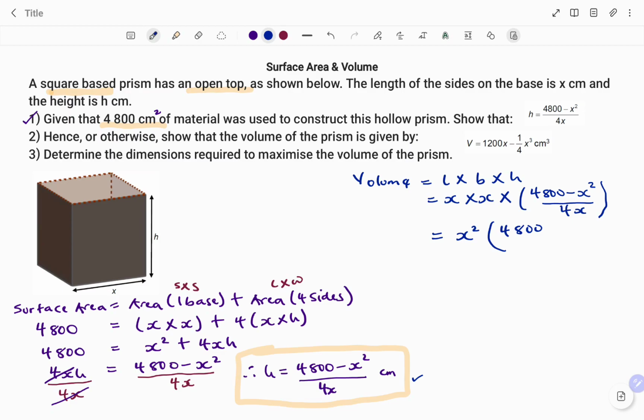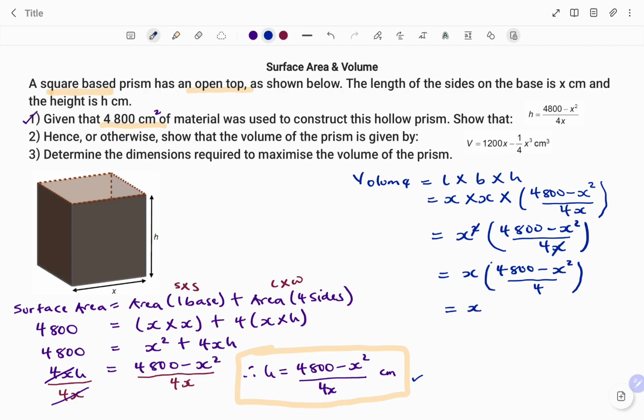And if we simplify, we have x squared, that's x times x, multiplying (4,800 minus x squared) divided by 4x. What we have is V equals, we have x squared and the 4x, the square cancels the x here, so we have x in bracket, 4,800 minus x squared, divided by 4. That's equal to, if I simplify my bracket, I still have my x outside.